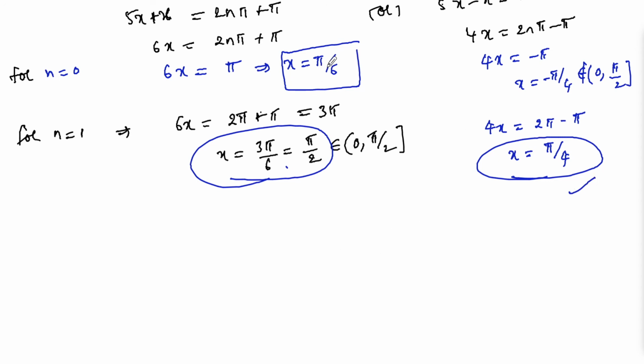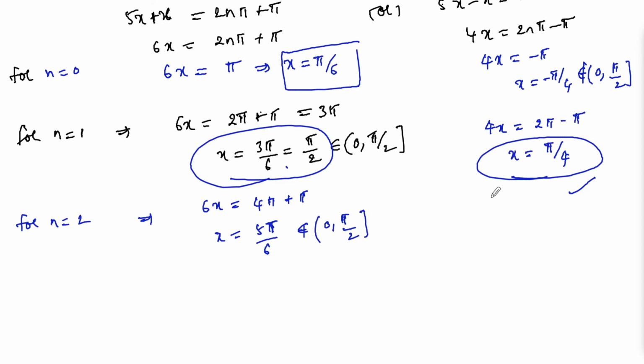Among these values, if I consider n is equal to 2, you will be getting more than pi by 2. 6x is equal to 2 into 2, this is 4 pi, plus pi, that is x is equal to 5 pi upon 6, that is more than pi by 2, so it does not belong to 0 to pi by 2.